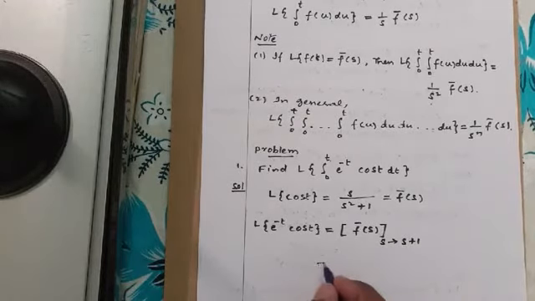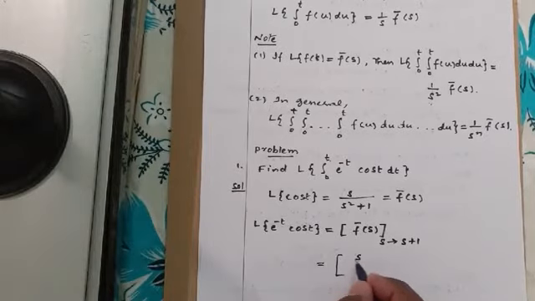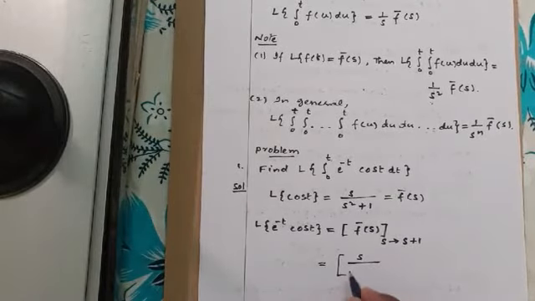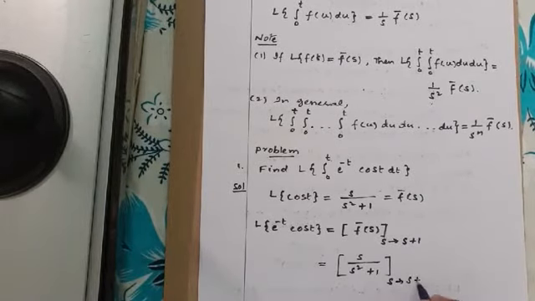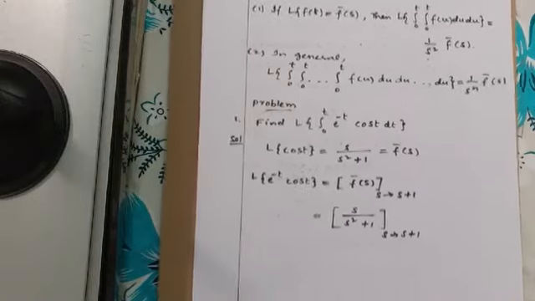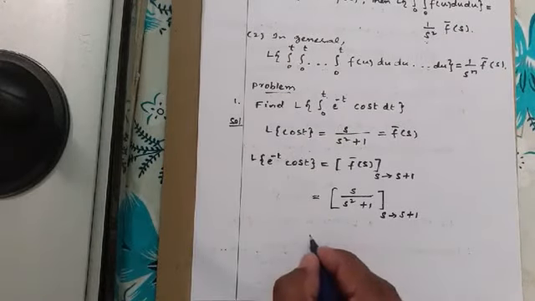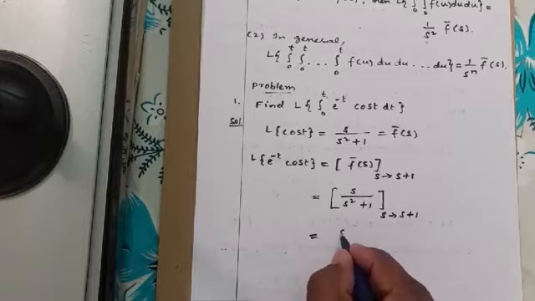Now we got f bar s as s upon s square plus 1, close the bracket, and s changes to s plus 1. So in the place of s you have to write s plus 1.